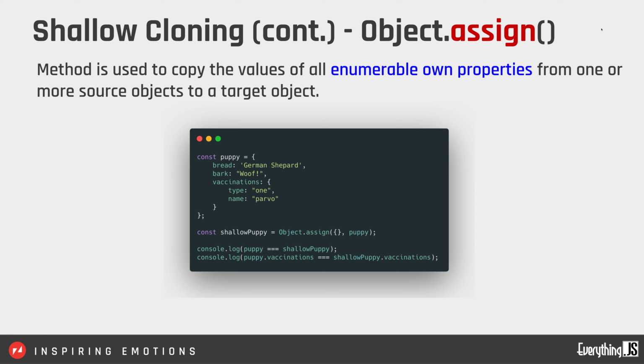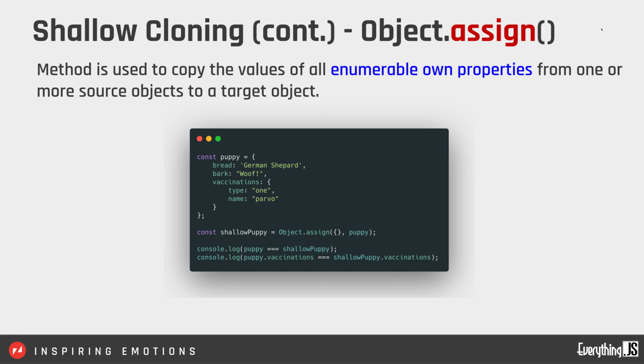After that we assign the result to a shallowPuppy constant. Do you guys have any idea what the answer will be when you compare the puppy object with the shallow puppy, and the object inside the puppy object? We have two console logs. First, we are comparing the puppy object with the shallow puppy.